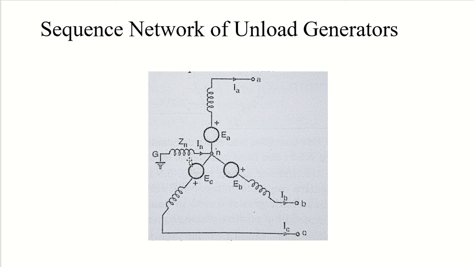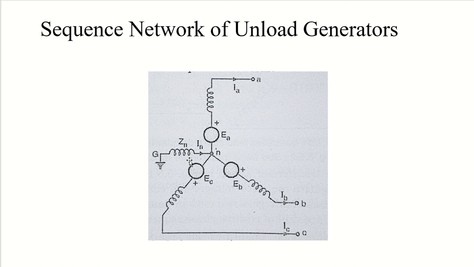Now because of winding symmetry, current of any particular sequence will produce some voltage drop of that sequence only. So because of that, the coupling effect will wash out. So the coupling effect between these sequence networks will not exist. Why? Because there is a winding symmetry, right?